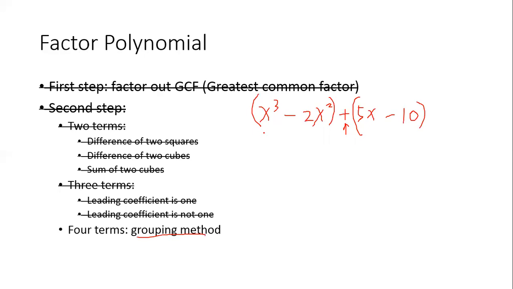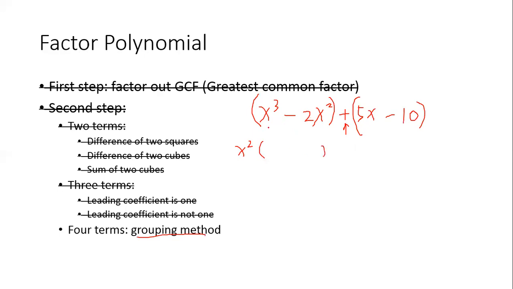Then I factor each group by taking out the greatest common factor. For x cubed minus 2x squared, the numbers have no common factor, but for the letter x, the x squared is a common factor. The smallest exponent is the GCF, so it's x squared.